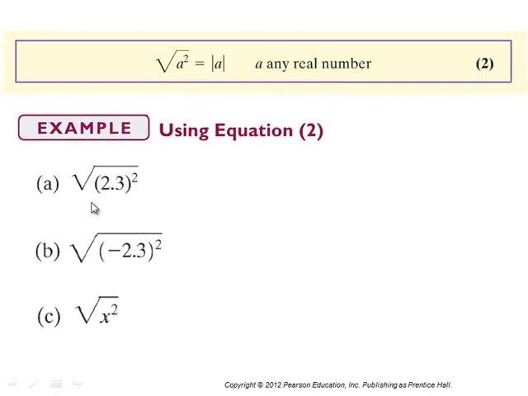And the square root of 2.3 squared is going to be 2.3. But when you're taking the square root of the square of a number, you're essentially taking the absolute value of that number.